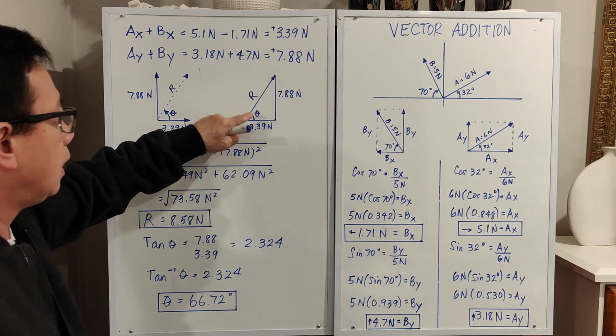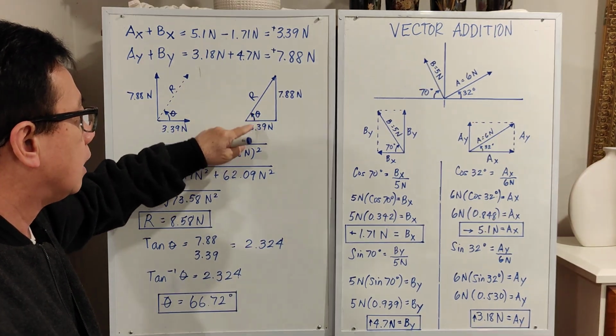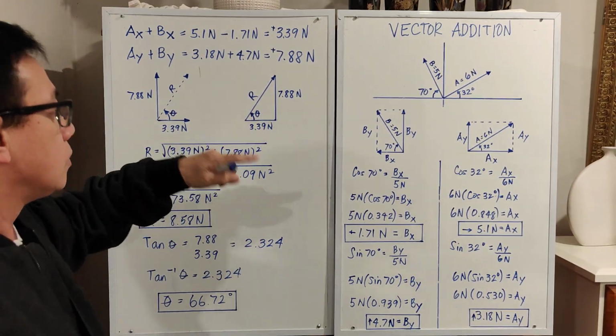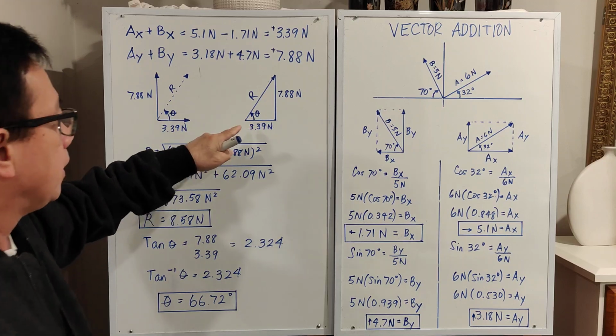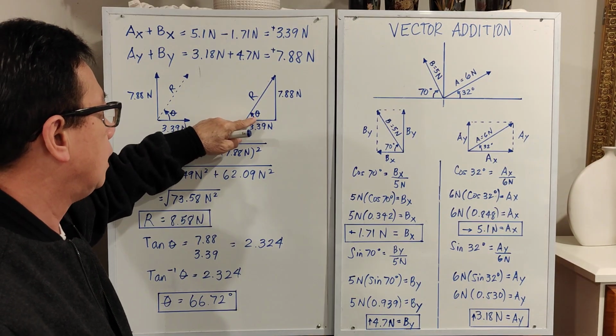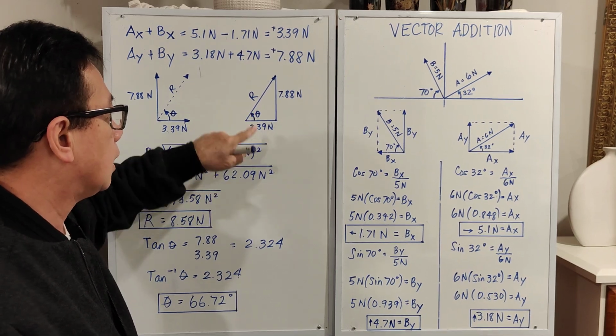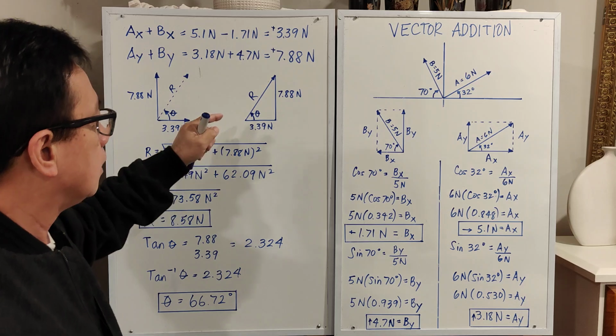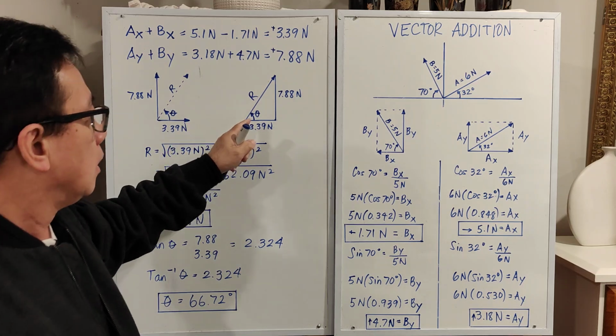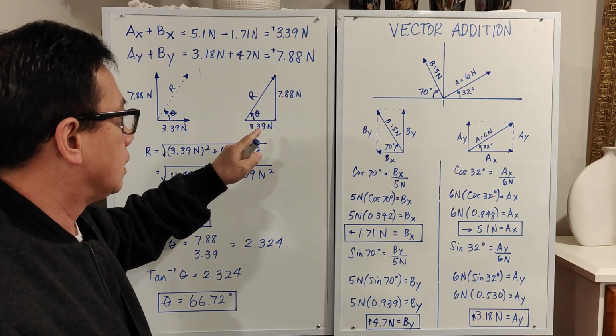Now we need to get the angle. To get the angle, we need to use trigonometry again. So this is your angle, and this is opposite that angle, and this is adjacent to that angle. So the function that we need is tangent, opposite over adjacent.